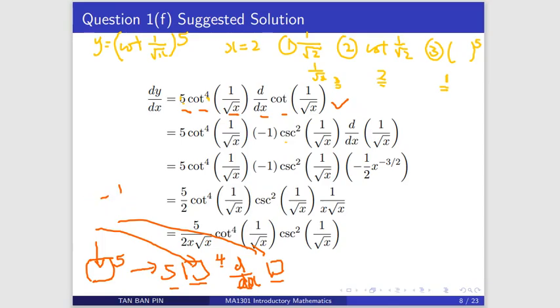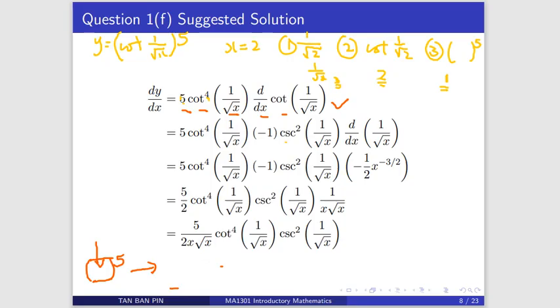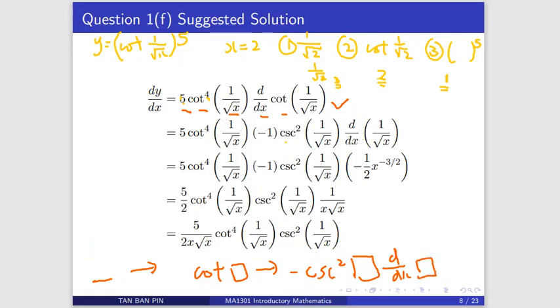The next step is to differentiate cotangent, so we should write down the formula for cotangent. If you differentiate cotangent box, it gives you minus cosecant squared box and d/dx box. And inside the box, what do you fill in?